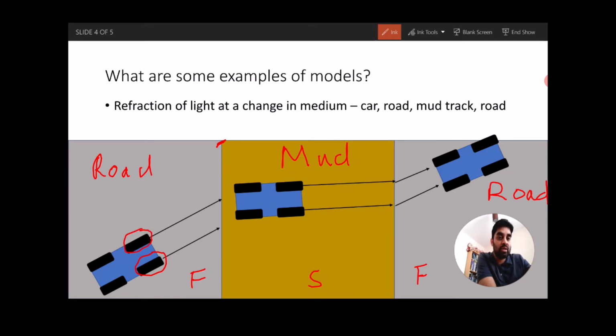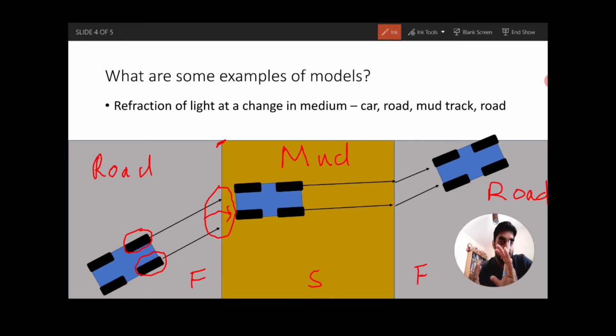What that will cause is it will cause it to turn. So that's the crux of why refraction takes place, why a beam of light changes direction, and why in this situation the car changes direction. So if we break that down in terms of what's happening exactly on the boundary, that's the crucial part of this explanation.